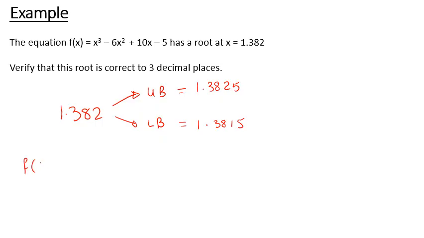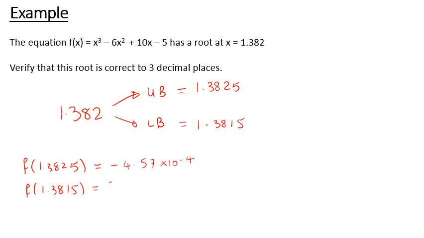So let's work out f of 1.3825 and f of 1.3815. So onto our calculator, we would type in the cubic and insert those numbers. The first one gives an answer of minus 4.57 times 10 to the minus 4.